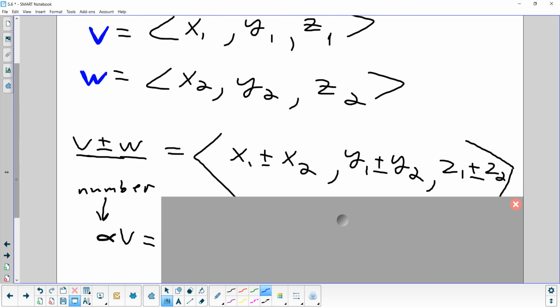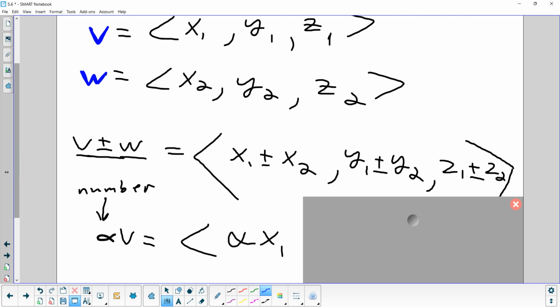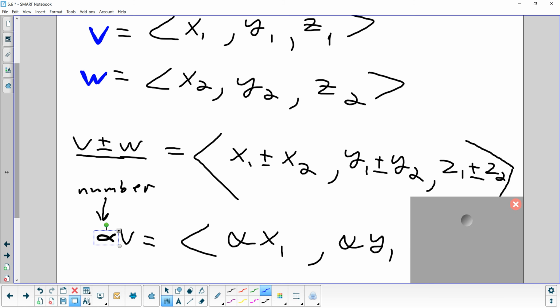The way we scale a vector in 3D is exactly the same way you do it in 2D. You take each component and multiply it by your scale factor. Take the x-axis component and multiply by the number you're going to scale by. Take the y-axis component, multiply by what you're scaling it by.